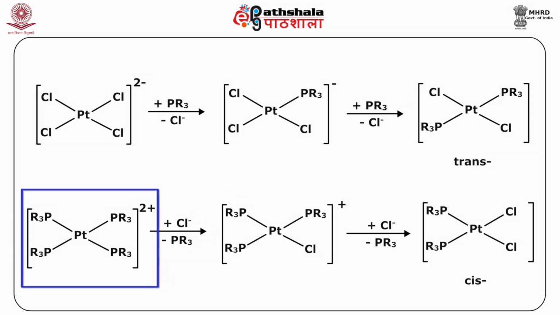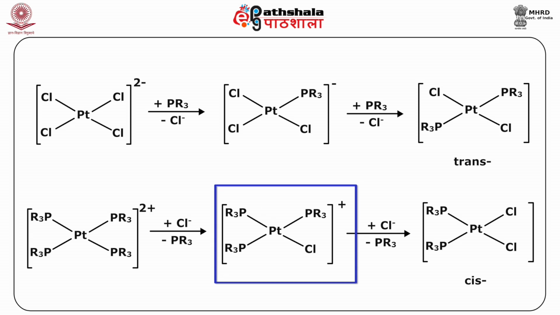On the other hand, if we take the tetra triphenyl substituted platinum complex, that is Pt(PR3)4, and let us react this molecule with 1 mole of Cl minus. So it is also having dipole 0. Any of the PR3 will be dissociated in presence of Cl minus, and Cl minus is taking the position of the dissociated substituted phosphine ligand.